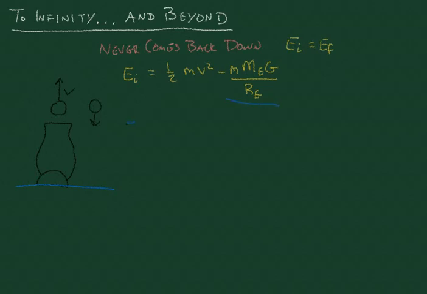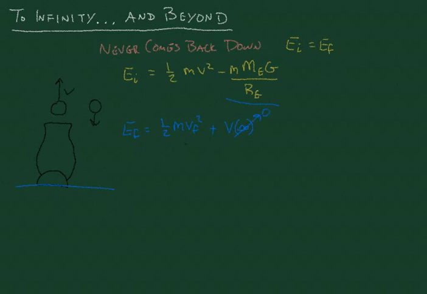Our final energy is going to be 1/2 mass times our final velocity squared plus our potential energy at infinity. Remember, our potential energy at infinity in the gravitational field is our definition of zero potential energy.